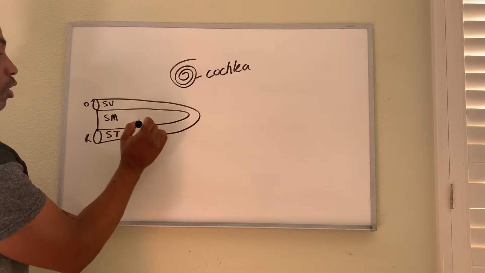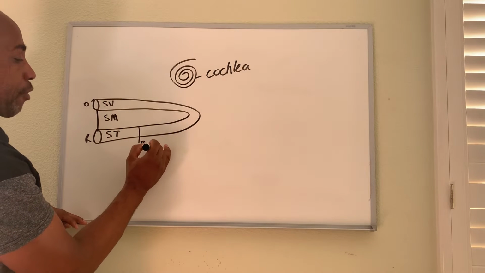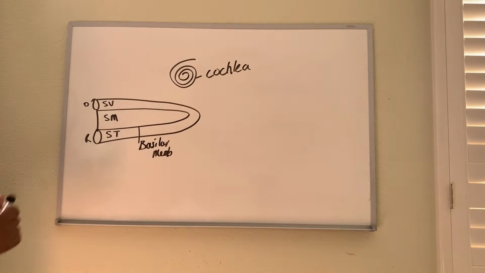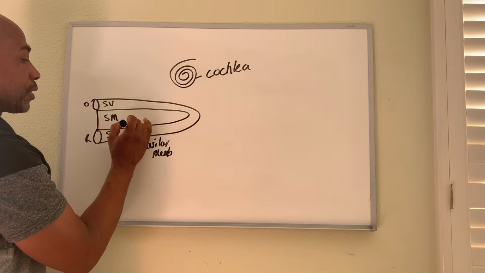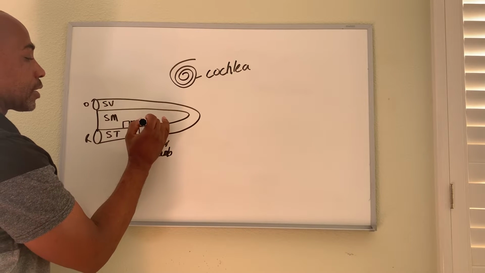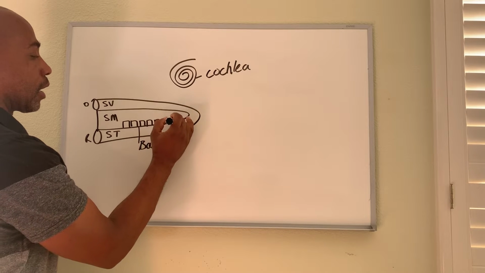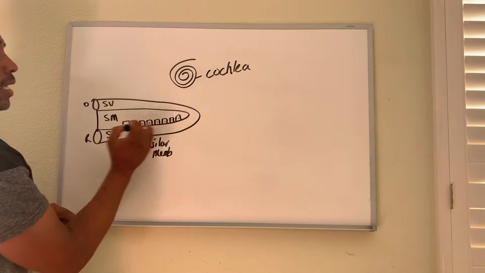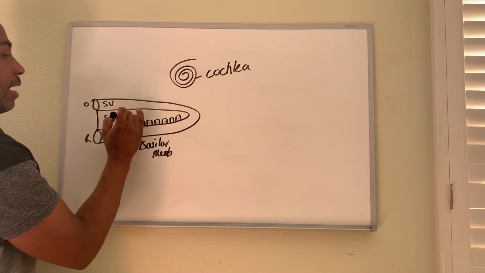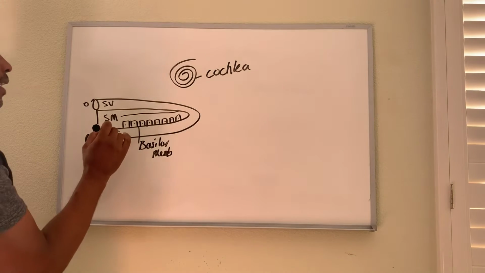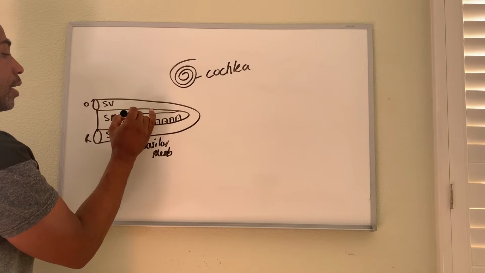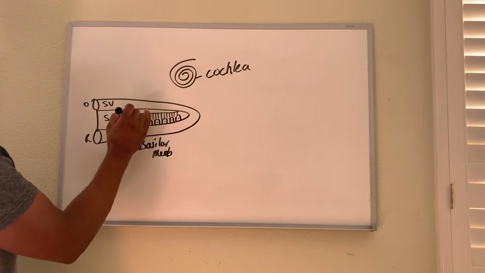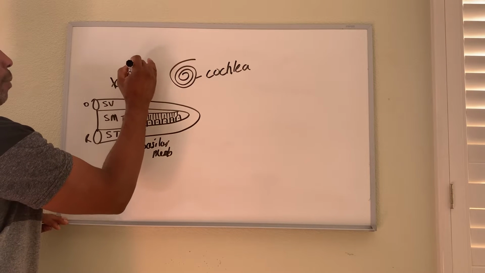On the base of it is your basilar membrane of the organ of Corti. On there sit cells called hair cells. These hair cells sit on the basilar membrane, and they have little things called stereocilia that stick up to anchor the hair cells to another membrane called your tectorial membrane.